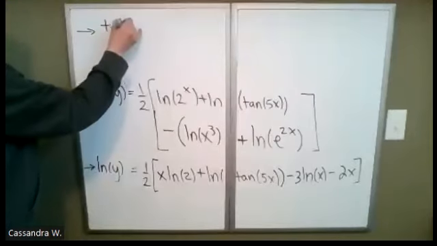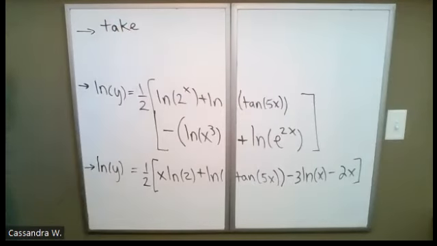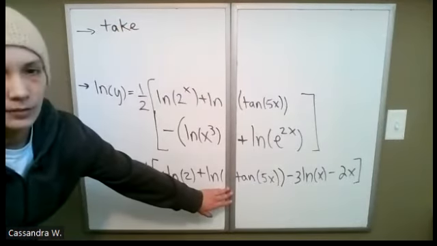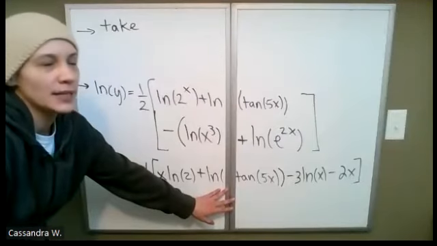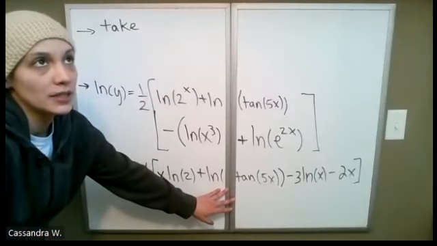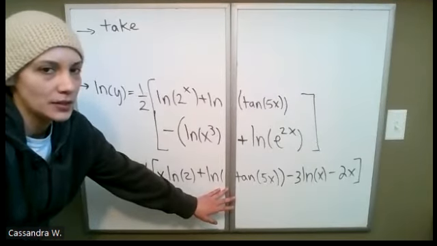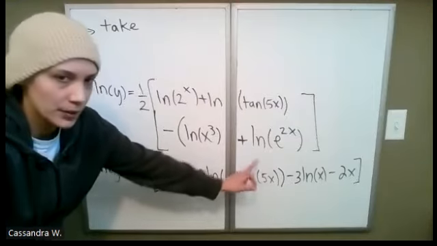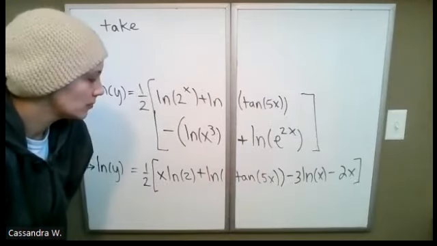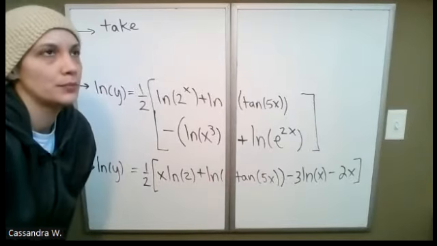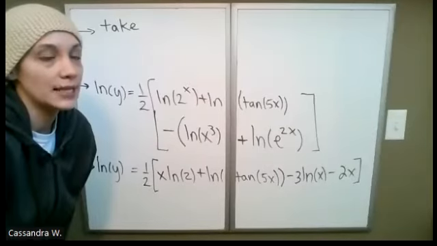Wait, why does tan stay the same? There's no rule that I know of really for trig functions and log functions. Like there's also no power or anything to change. I guess it's simplified at this point.